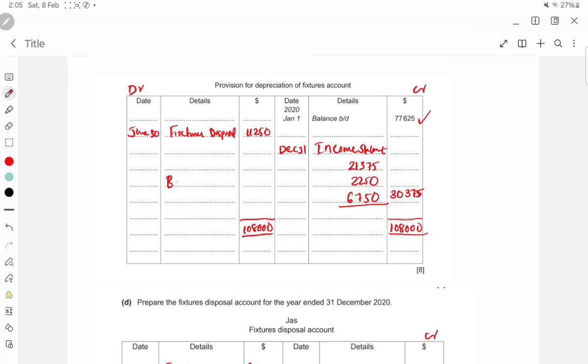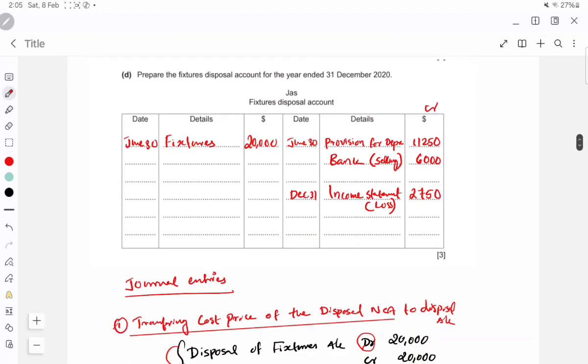Balance carried down will be 1,08,000 minus this one, 11,250. Then you will get the balance as 96,750. This also will be December 31st at the year end, and we will bring it down to the new year, January 1st 2021, balance brought down 96,750.